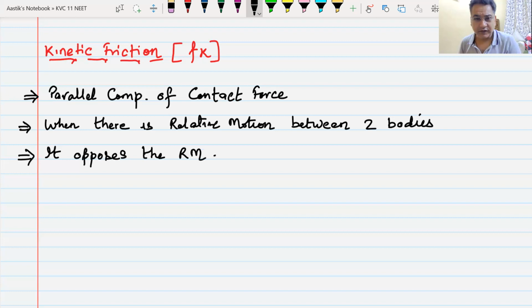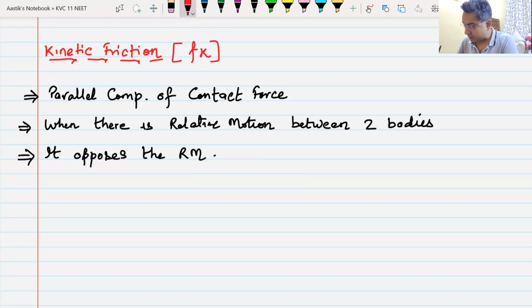Now, whenever we talk about kinetic friction, friction is a force. Any force will have magnitude as well as direction.